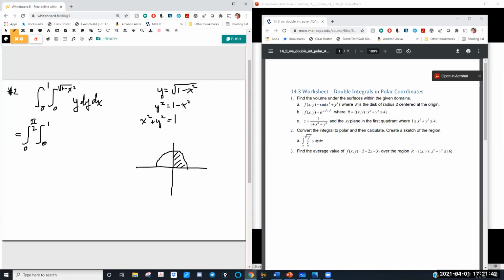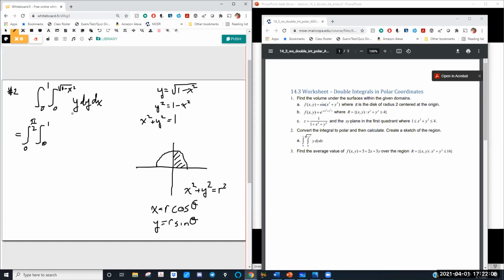Okay, next thing we do, if there are any x's or y's in our functions, those get changed out with the substitution we saw before. I'll put them on here. So x equals r cosine theta and y equals r sine theta. The other one that we see sometimes is x squared plus y squared equals r squared.